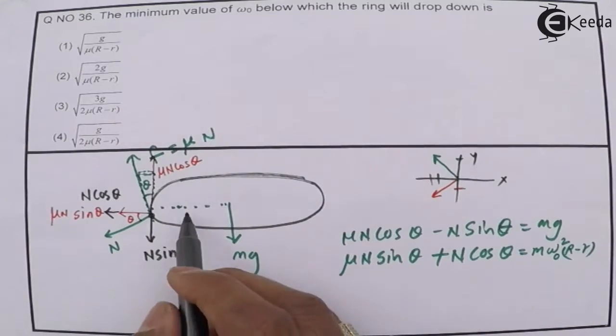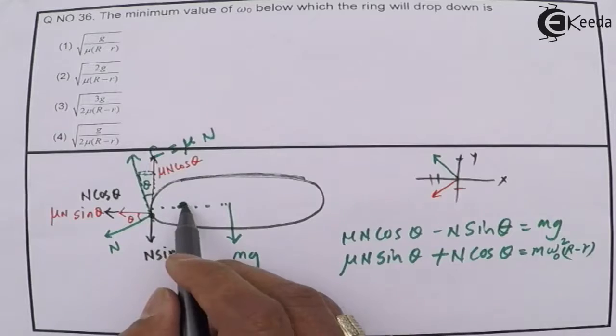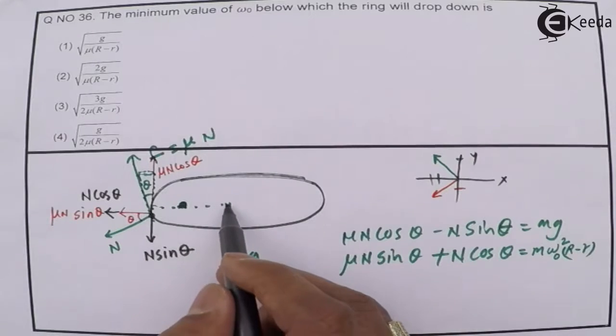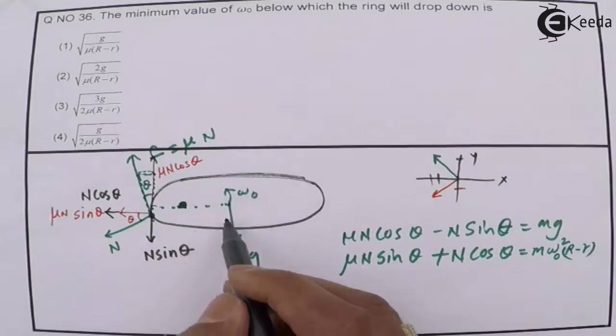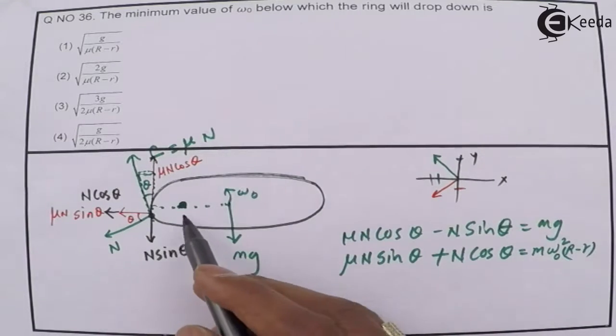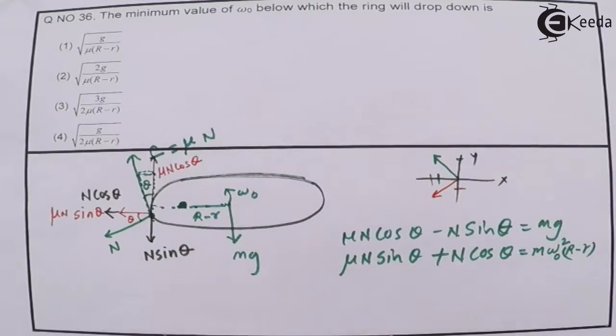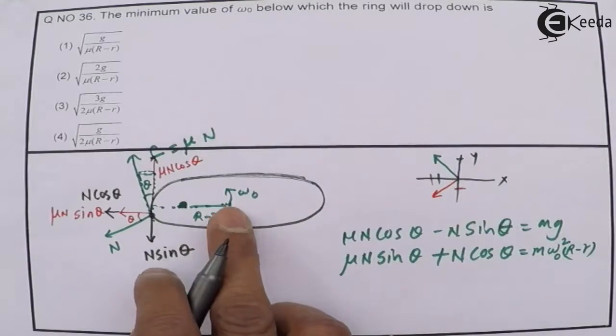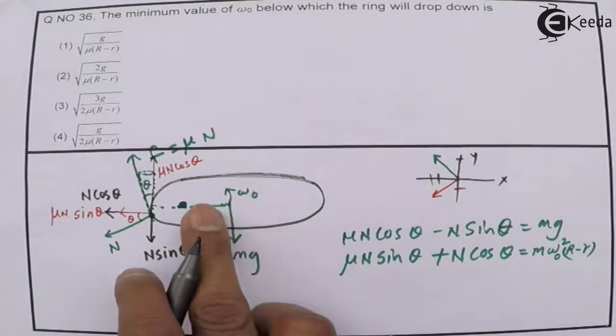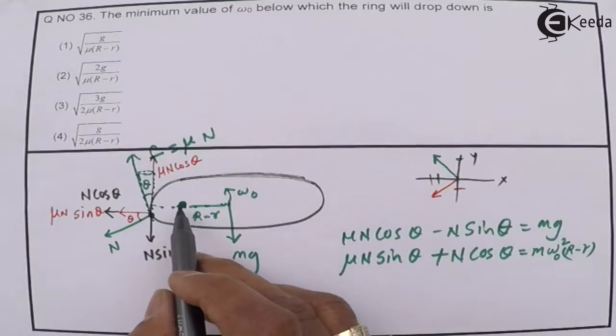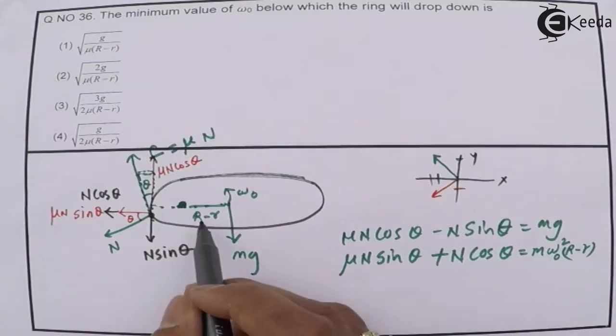Because with respect to this point, this is rotating with omega and this is also rotating with omega naught. If this is rotating with omega naught, then this is the actual radius R minus r. The center of mass of the ring is rotating about this point, R minus r.